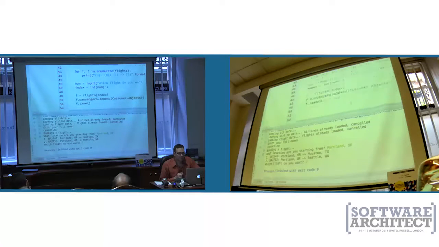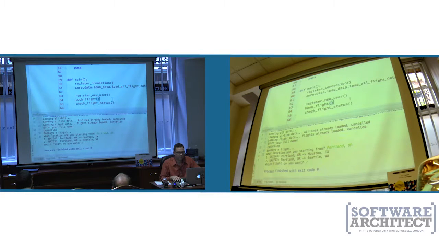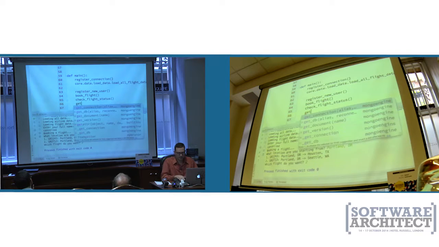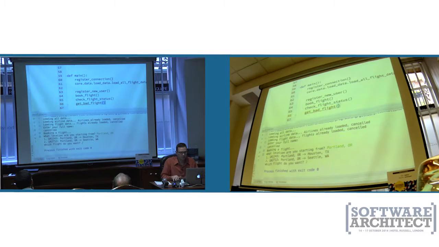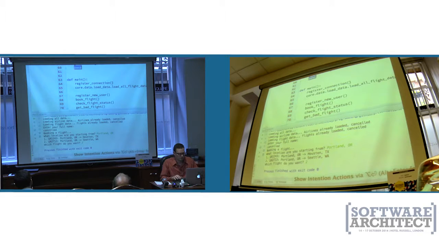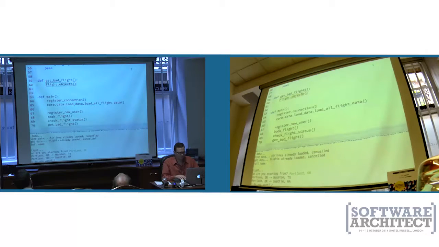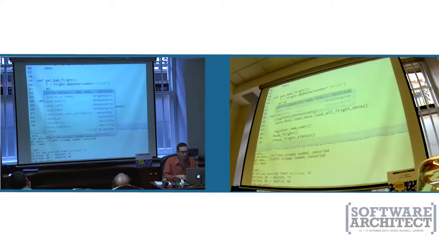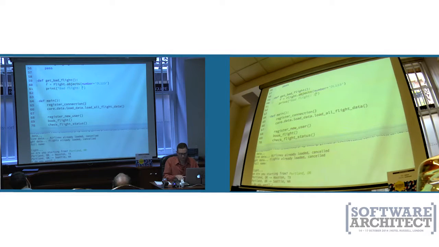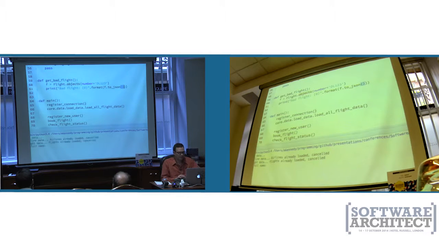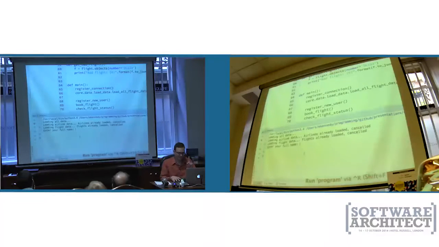Let's just do this. Get bad flight. Flight.objects, number equals DL123, and let's just print bad flight. Survey says, we don't know yet.